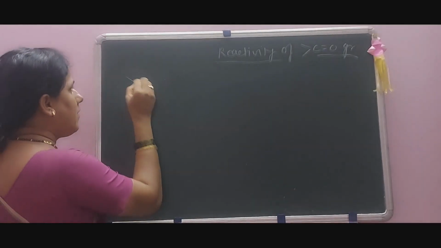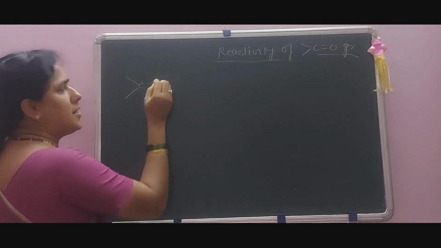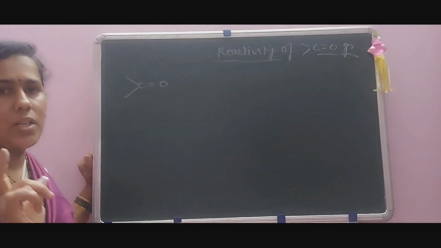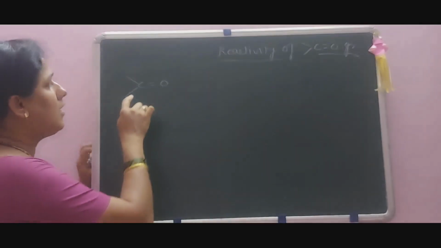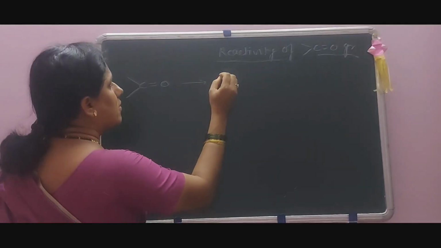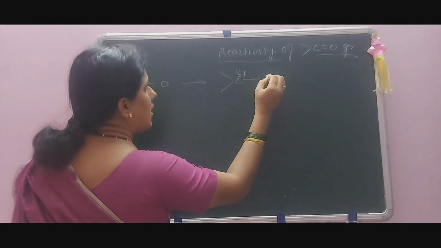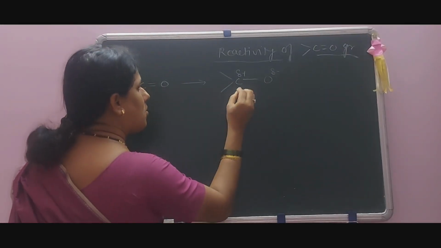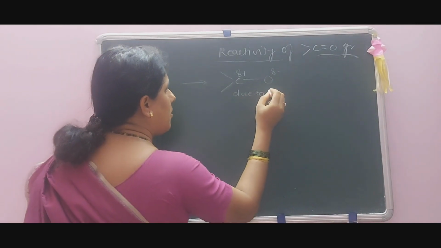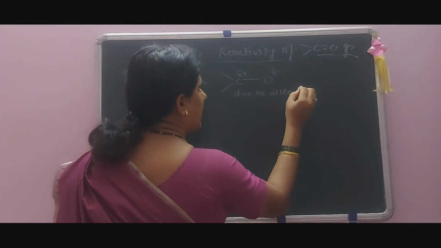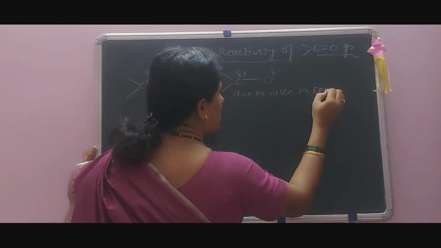As far as the reactivity of the carbonyl group is considered, oxygen is more electronegative than the carbon atom. Therefore, it acquires a partial positive charge on carbon and a partial negative charge on oxygen due to the difference in electronegativity values.